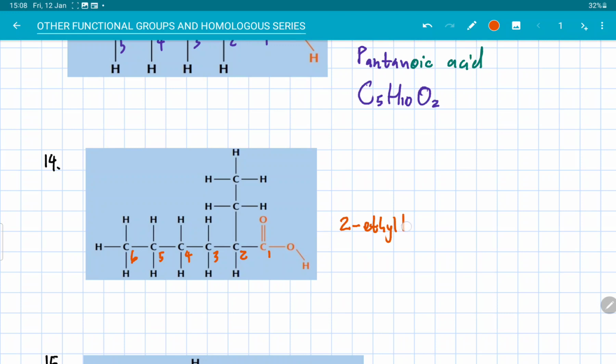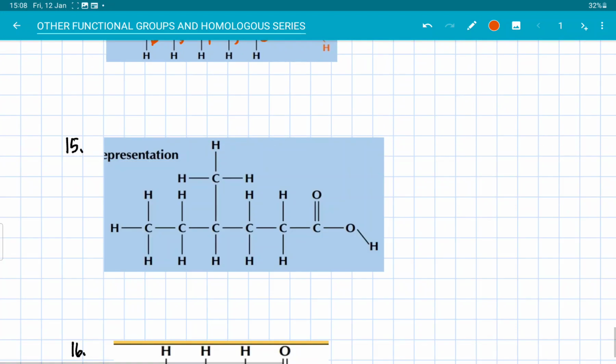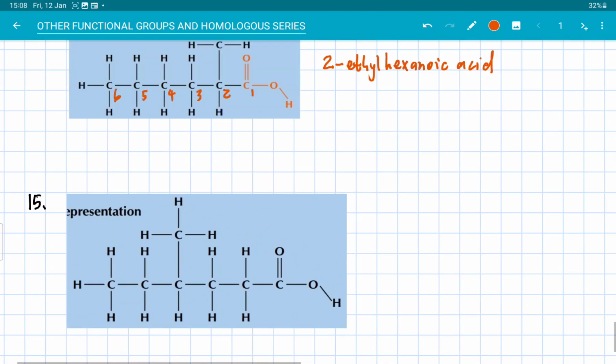That means hexanoic acid. Again, not making a mistake. For carboxylic acids, we don't mention the position of a functional group. So again, I have a carboxyl group that makes this a carboxylic acid.